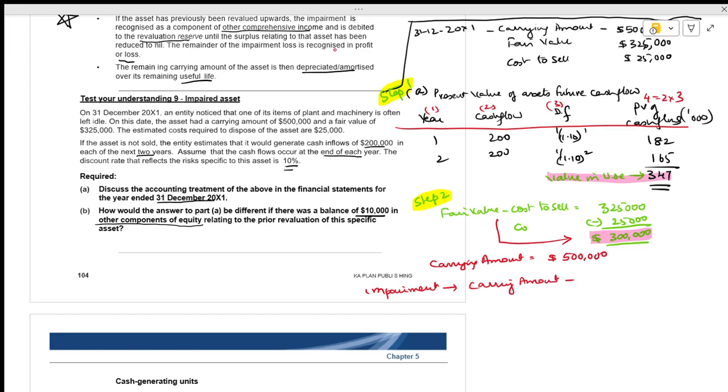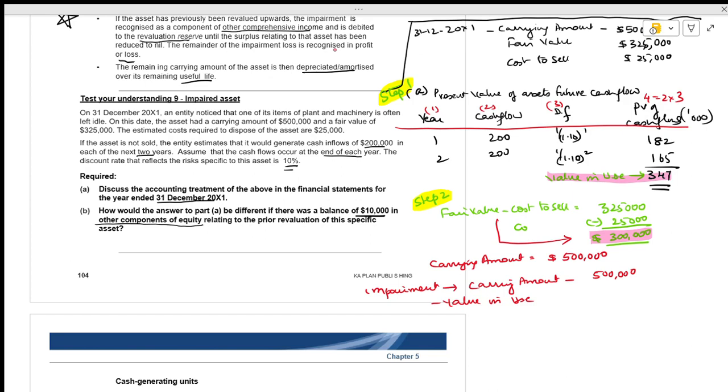Carrying amount is 500. We have to take the higher of the values: the recoverable amount is the higher of the fair value less cost to sell and the value in use.